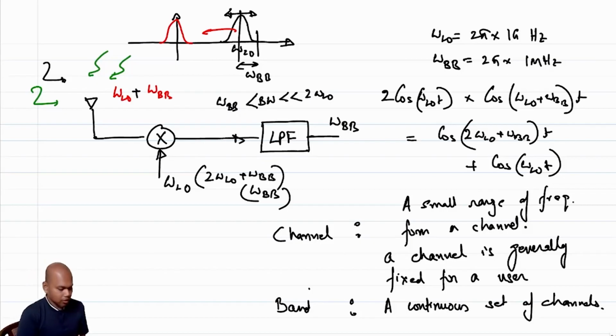Sometimes you will hear that a particular band has 35 megahertz, a particular band has 10 megahertz, a particular band has 20 megahertz. That does not mean that one user who is using that particular band is going to get that entire 20 or 40 or 30 megahertz.